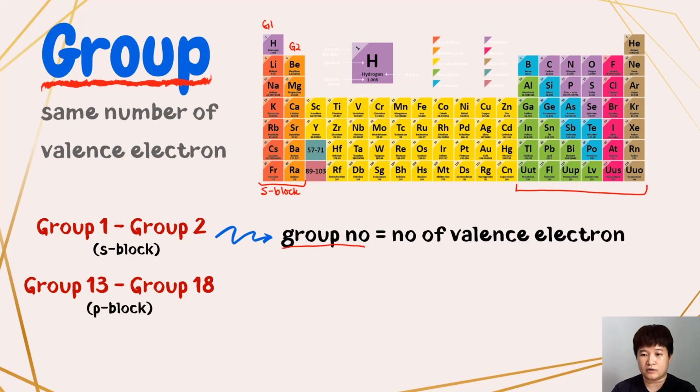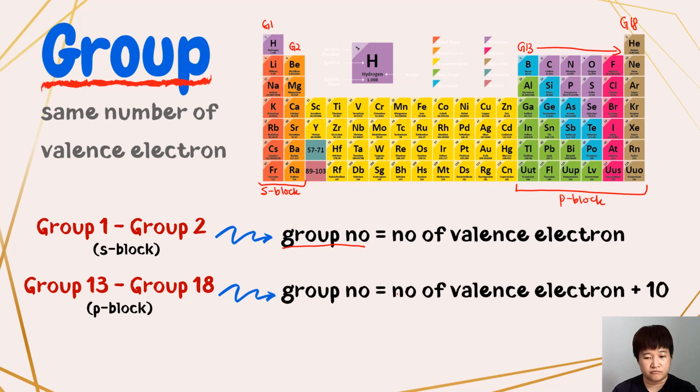where your P block is group 13 all the way to group 18, the group number will equal the number of valence electrons plus 10.